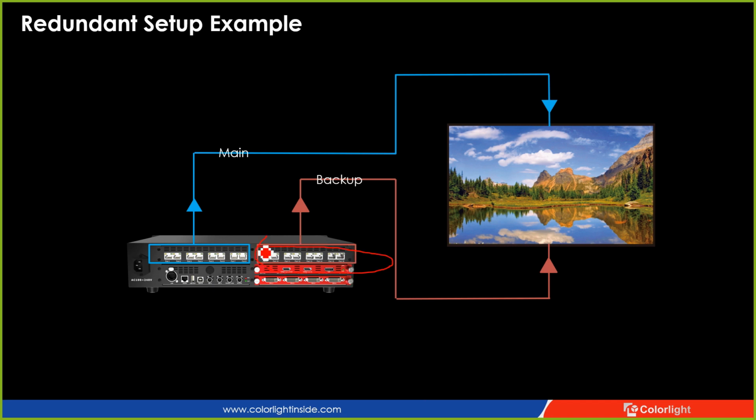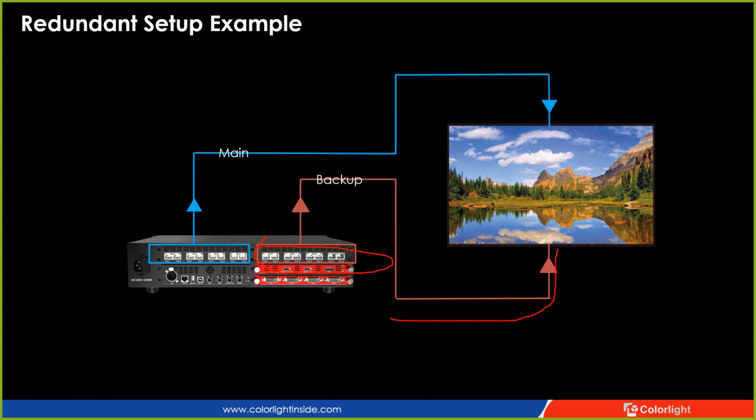Just simply run an RJ45 cable from these spare ports to the LED screen, and then click in the iSet software to make the backup settings. I will show you this too in the following demo.